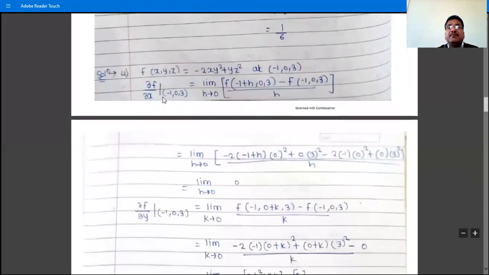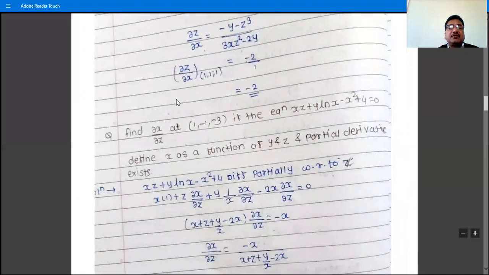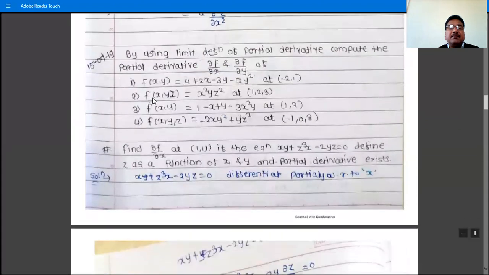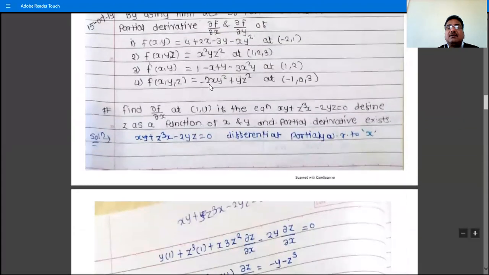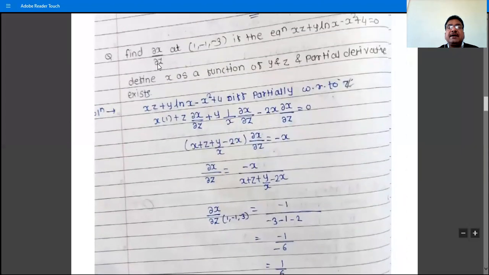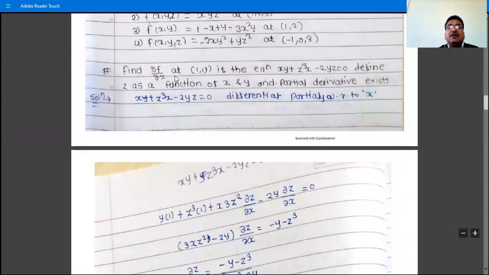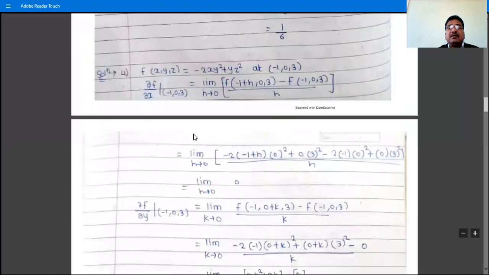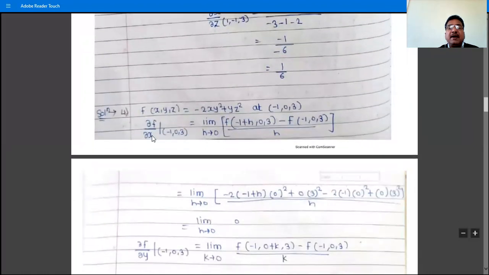Similar problem here, with respect to x at (-1, 0, 3). What do we have to find? We have to find ∂f/∂x at (-1, 0, 3). So write that definition.